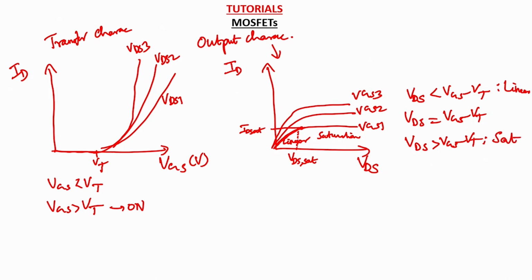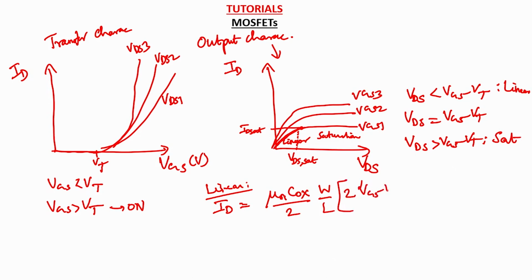And you can also recollect from your lecture slides that in the linear region, the drain current equation for a MOSFET looks something like this: ID equals mu Cox W over L into, you have a 2 term here, (VGS minus VT) into VDS minus VDS square by 2.